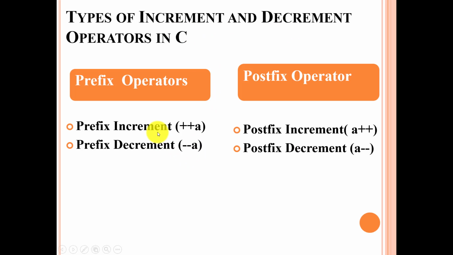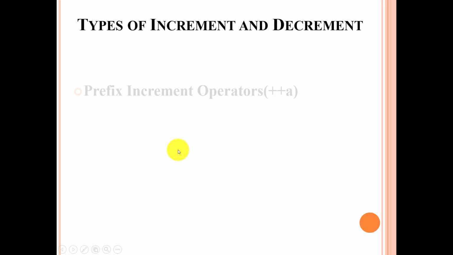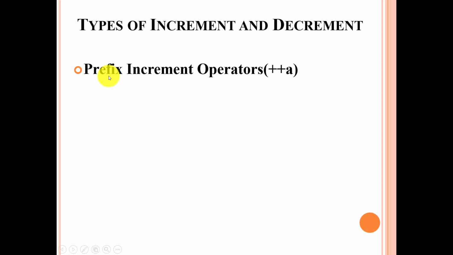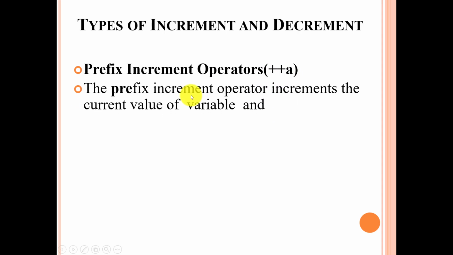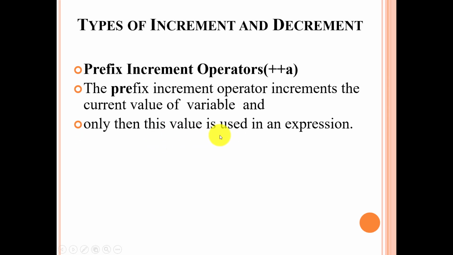Let's understand the meaning of each type. First, the prefix increment operator is denoted before the operand, that is plus plus a. Before the operand we write plus plus, the increment. The prefix operator increments the current value of the variable by 1, and only this new value is used in the expression.